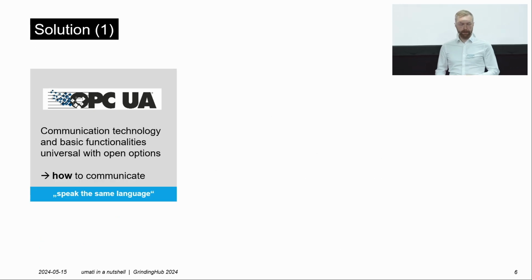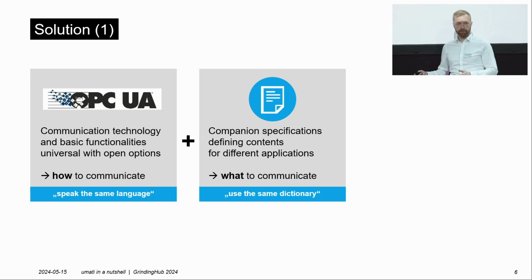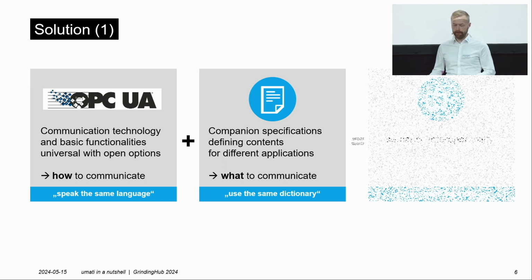What is OPC UA itself? It's a technology which basically tells machines how to communicate, making sure that the machines speak the same language. The companion specifications, the extensions of the standard, they define the contents, which tells machines what exactly to communicate, or in other words, making sure the machines use the same dictionary.